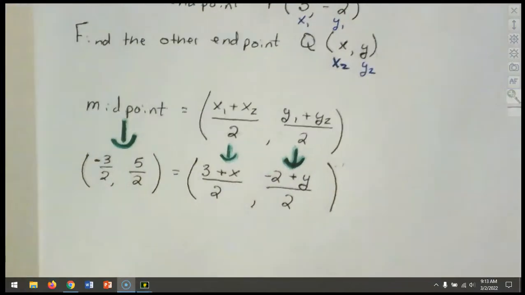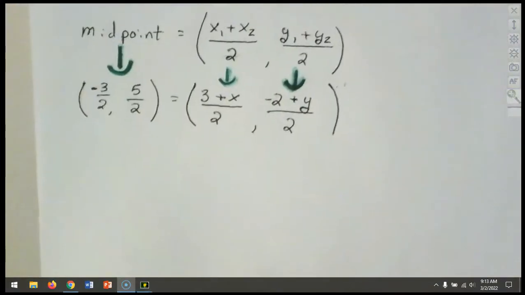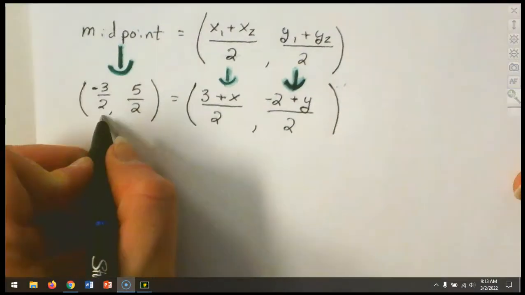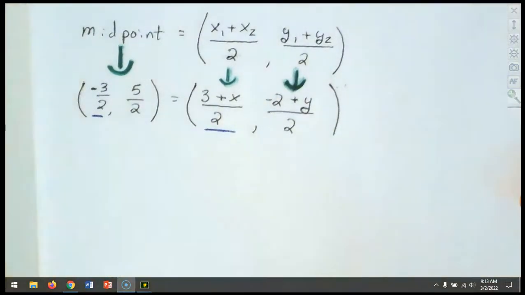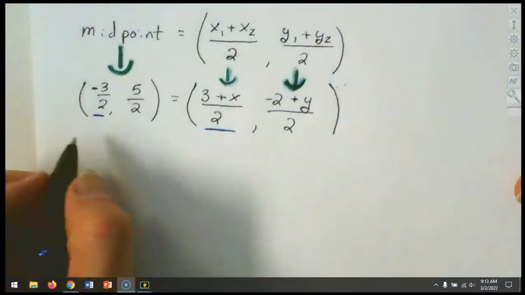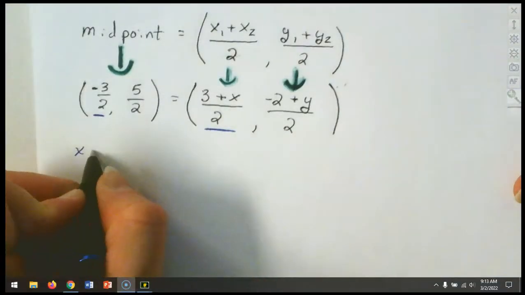How do we finish it? All we have to do is solve for the x and the y. And what do we look at? Well, we look at what's in front of the comma and what's behind the comma. So when we look here, everything in front of the comma is the x part. So what's our x part going to be?